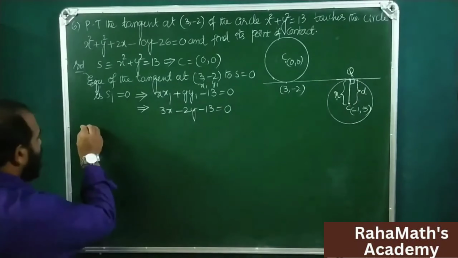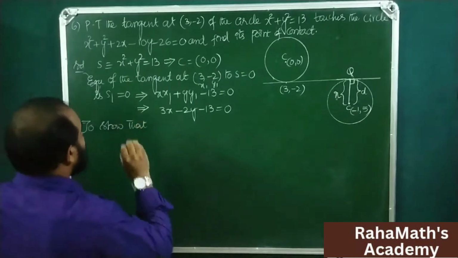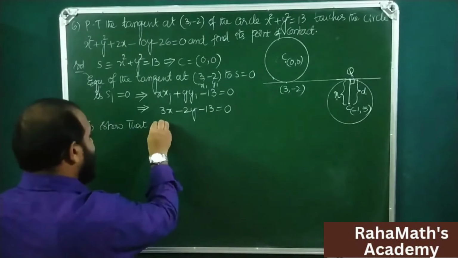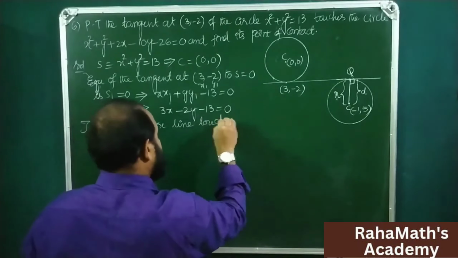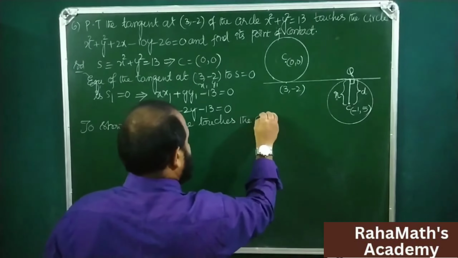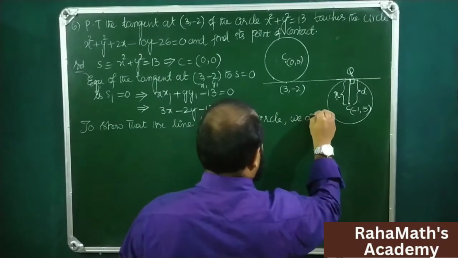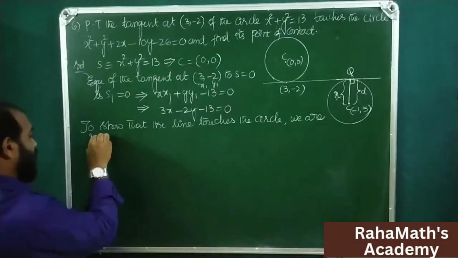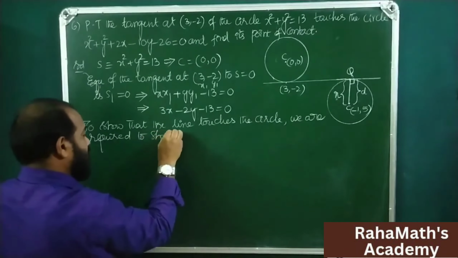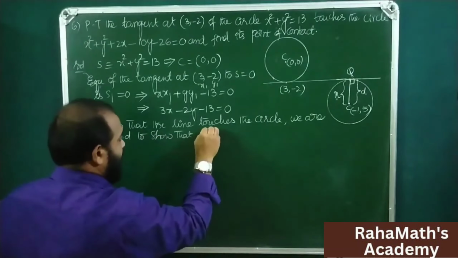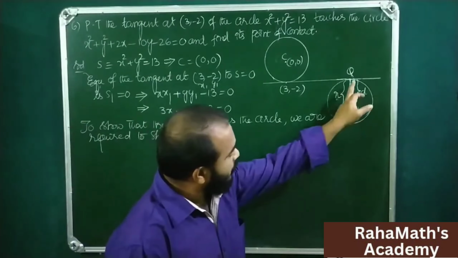So to show that the line touches the circle, we are required to show that the radius is equal to the perpendicular distance from the center of the second circle to this line.